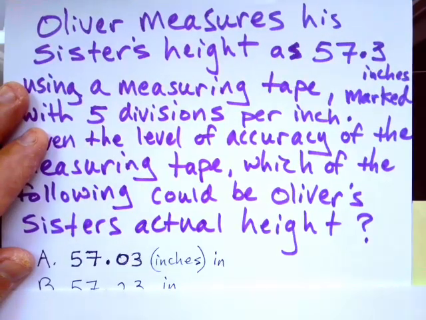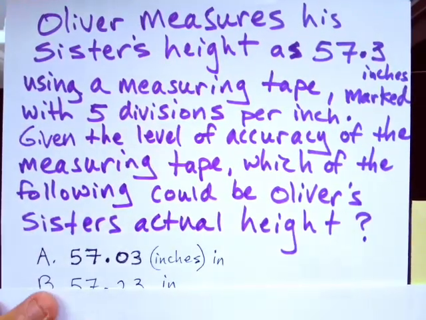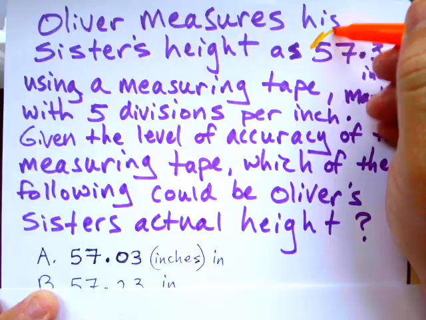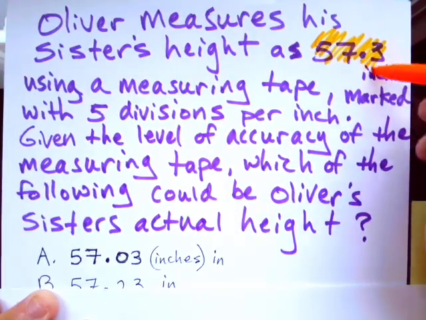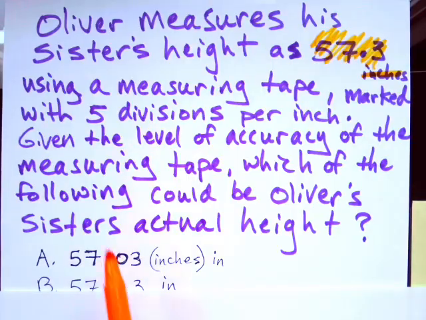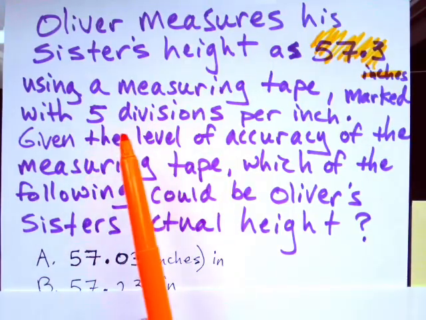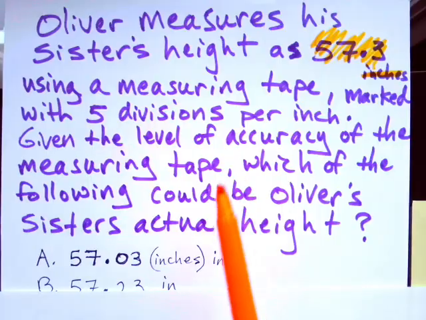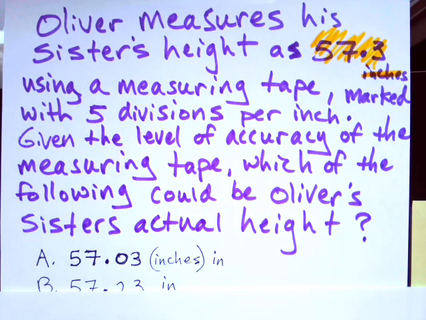And so if you remember, I'm going to come up here and highlight it and go over it again with you. He measured 57.3 inches, right? And when discussing the 5 division marks, there are no specifications.